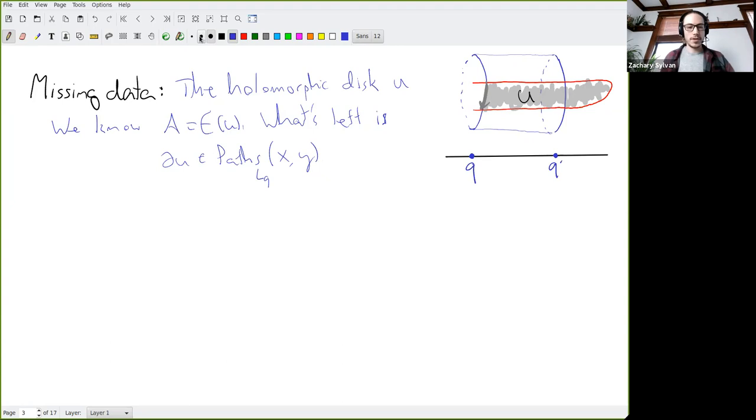Okay, so once we have that, now B is A minus, well, something I get by taking this path, transporting it in this direction, and calculating this area. So I can write that as Q minus Q prime paired with the boundary of U. Now this is some sort of flux pairing.